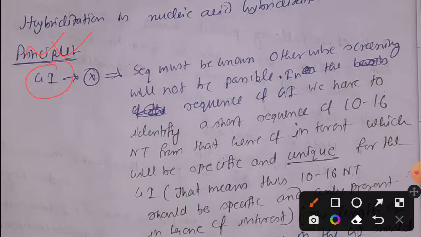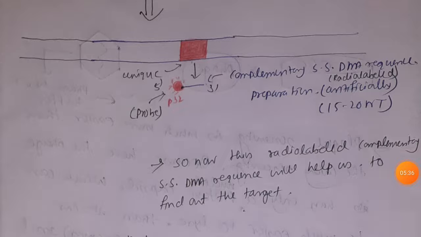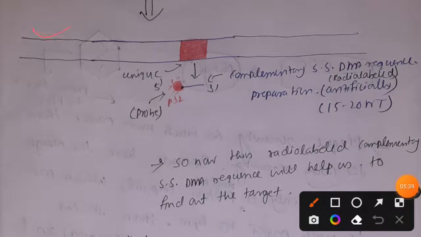Suppose this is your entire genome, and this part is your gene of interest, that is GI, and you know the sequence of that gene of interest. The first step of nucleic acid hybridization is to find a 10 to 60 nucleotide long unique sequence within the gene of interest.